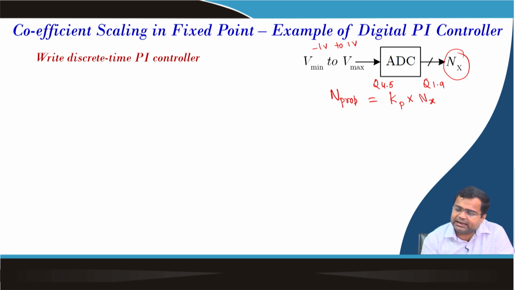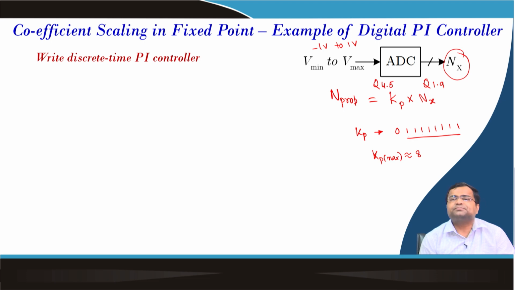If you keep all bits, that is a 9-bit Kp. It would be a 0 followed by all 1s, because there are 9 bits in total: first bit is 0, then all 1s. This will give the maximum Kp, so Kp max will be approximately equal to 8.